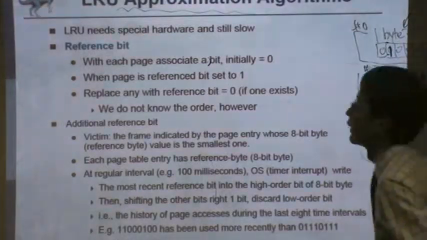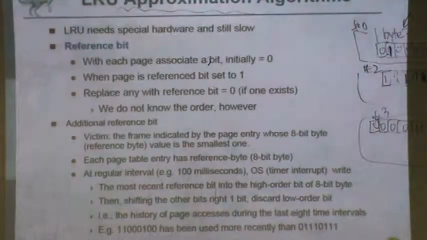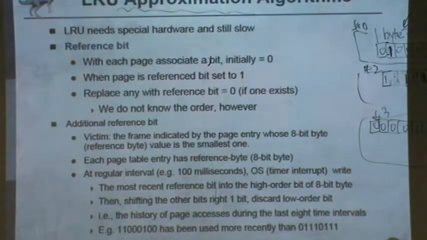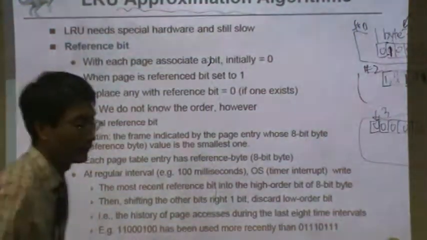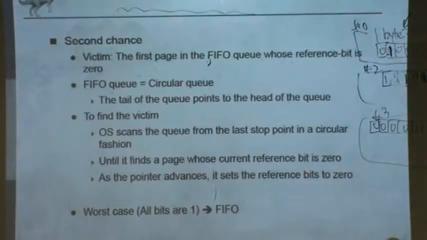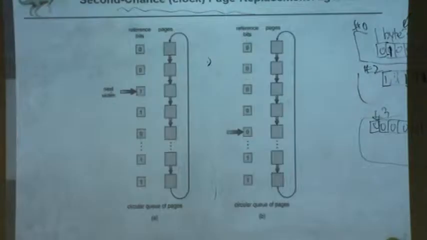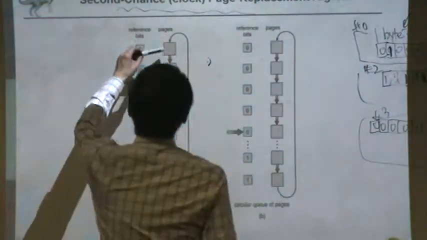Even that is not enough, so there is a variation of the LRU approximation algorithm. There is another one which is called the second chance. So let's take a look at this. This is a page frame.